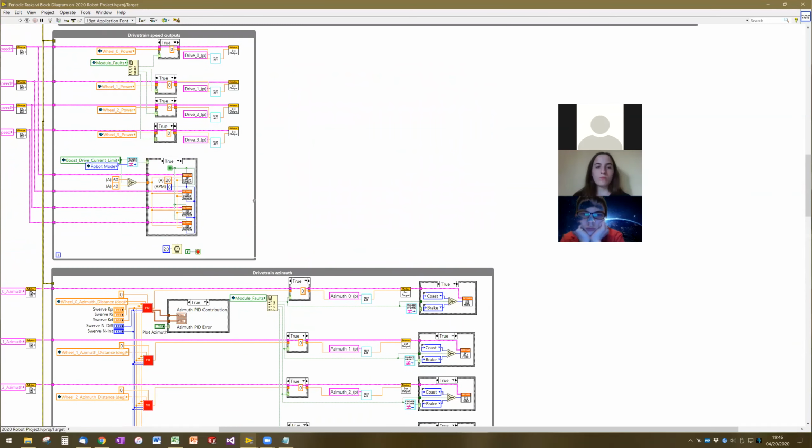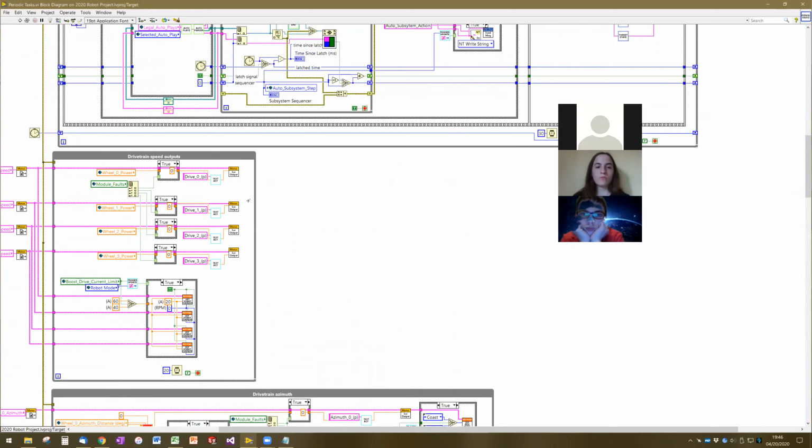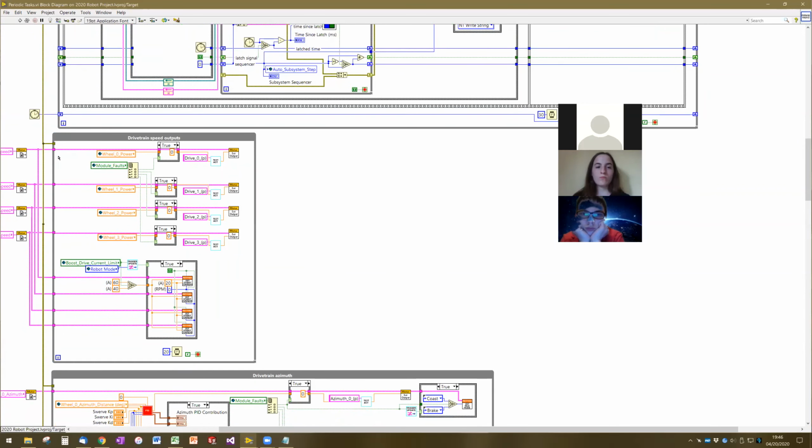So control for the drive motors on the Swerve drive is pretty straightforward. Each wheel has a power that's going to be determined by the math that we'll work out later, and it's getting sent directly to each one of the drive wheels.